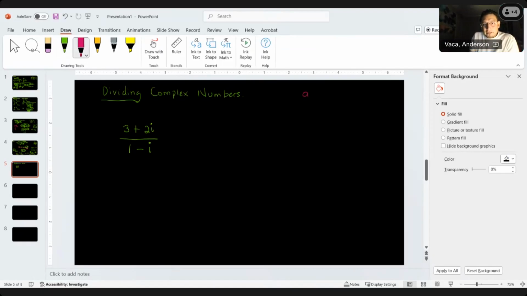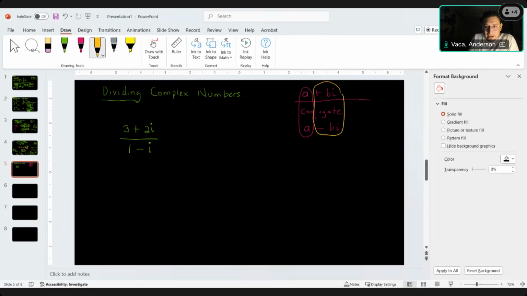Recall that a complex number is of the form a plus bi. But every complex number has a brother, called a conjugate. The conjugate looks like a minus bi. Notice that the real part stays exactly the same, but the imaginary part changes sign.